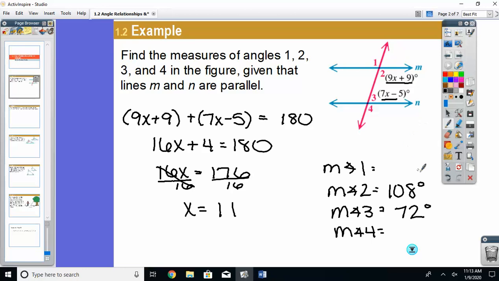It's equal to 2. So that would be 108 degrees. How do you find angle 4? Also equal to 2. So it is also 108 degrees. Any questions about that one?